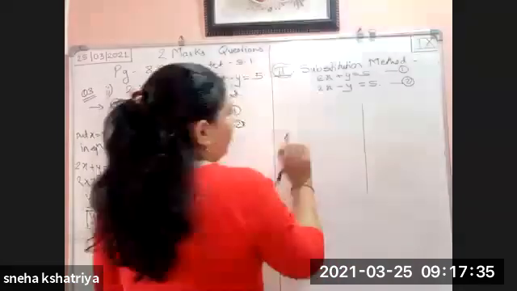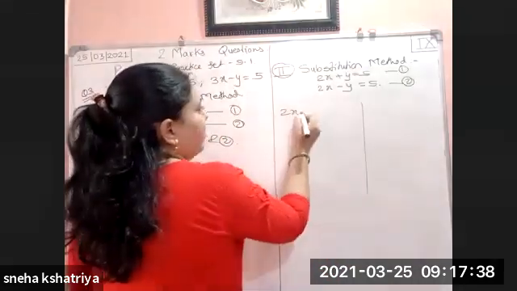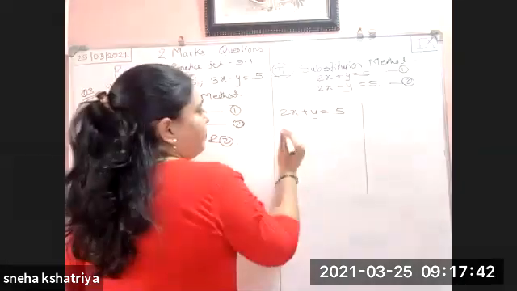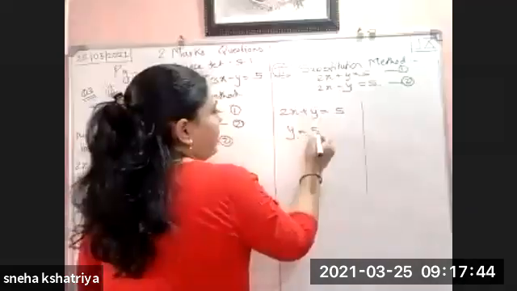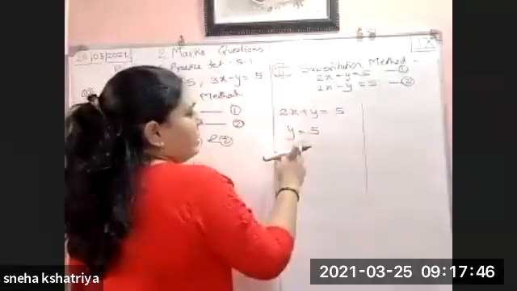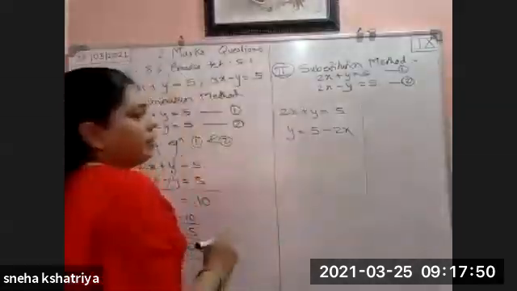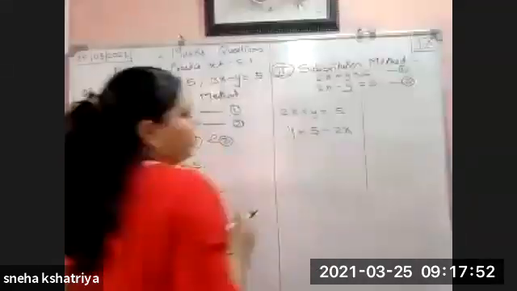I am showing you two different ways. 2x plus y is equal to 5. If we find the value of y, it will become y is equal to 5, and this 2x after shifting there will become minus 2x. We will get directly the value of y.